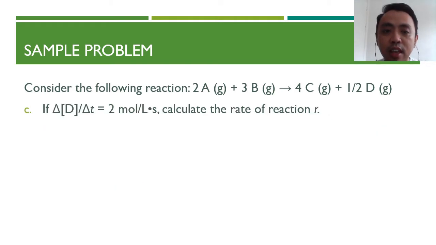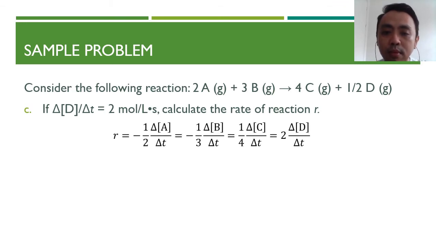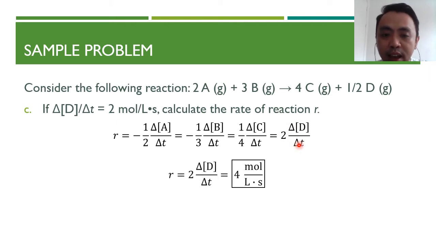The last question in this sample problem is as follows. If the rate of appearance of the product D with respect to time is 2 mole per liter second, we are asked to calculate the rate of reaction R. To do this, we once again utilize the equation that we wrote in letter A, and then we focus solely on the term for our rate of appearance of D. So from this equation, we then have R is equal to 2 times the rate of appearance of D with respect to time.